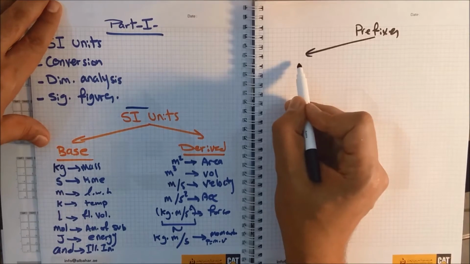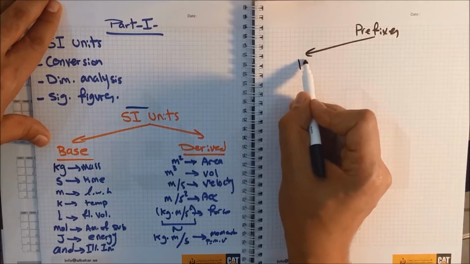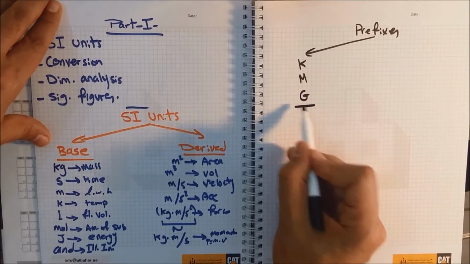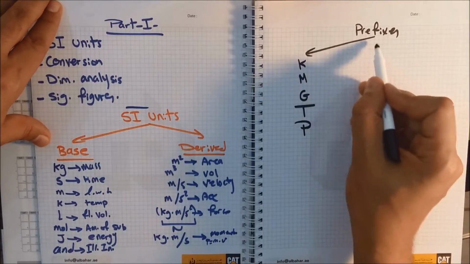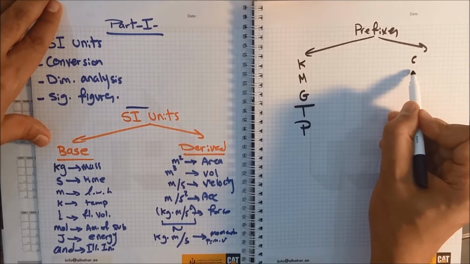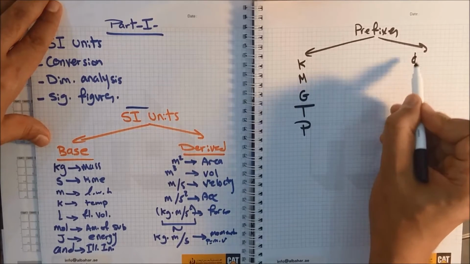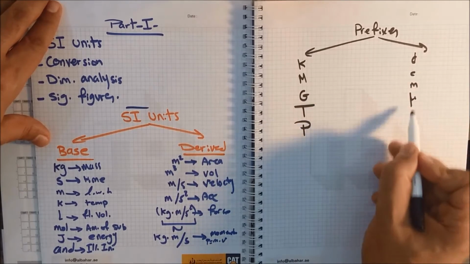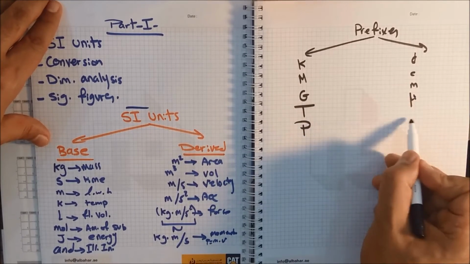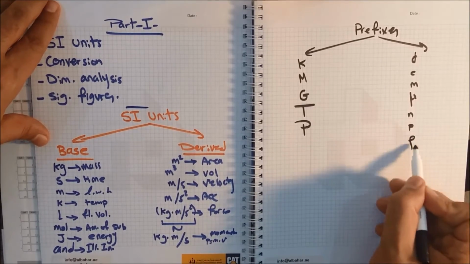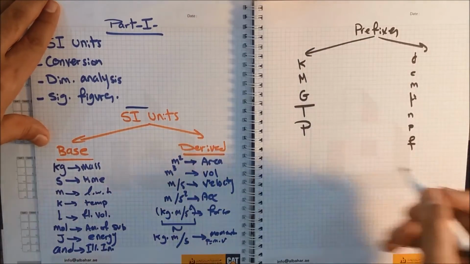So you have positive powers of 10 like kilo, mega, giga, tera, and peta, and you have very small powers of 10 like deci, centi, milli, micro, nano, pico, and femto. And as you can see, all of them are small letters.